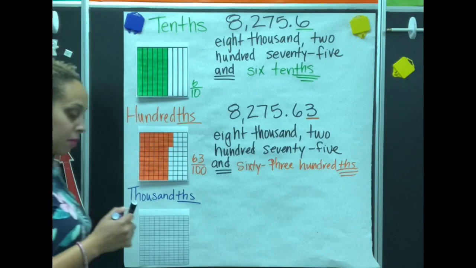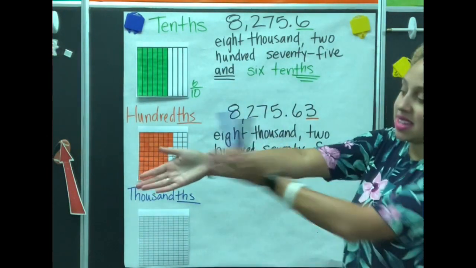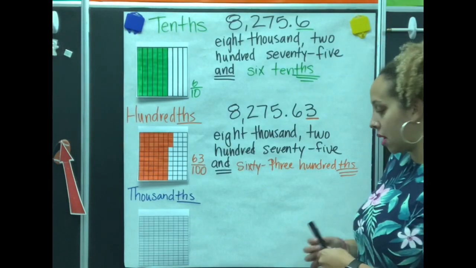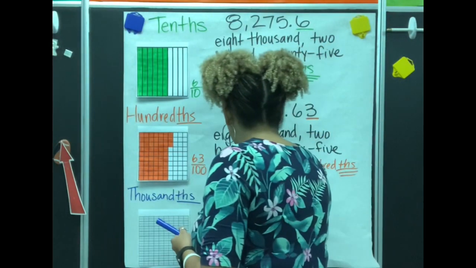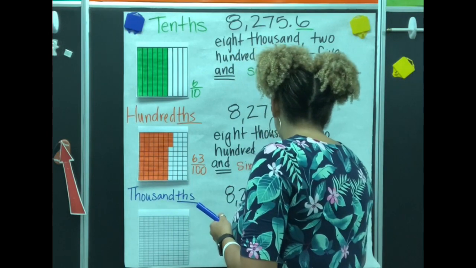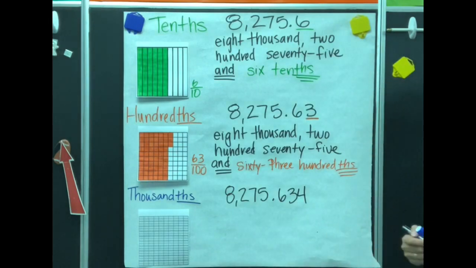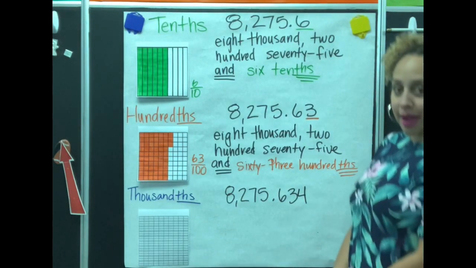The thousandths. Remember, this is going on the outside of your flap. All of this stuff goes on the inside of your flap. The number we are going to use looks a little different. Go ahead and say it.